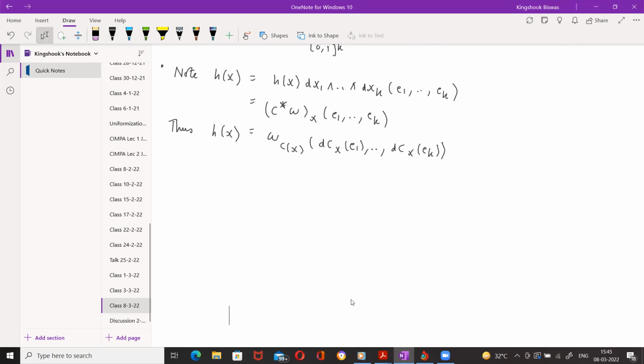Now note that this integral we can extend to linear combinations of singular k cubes.